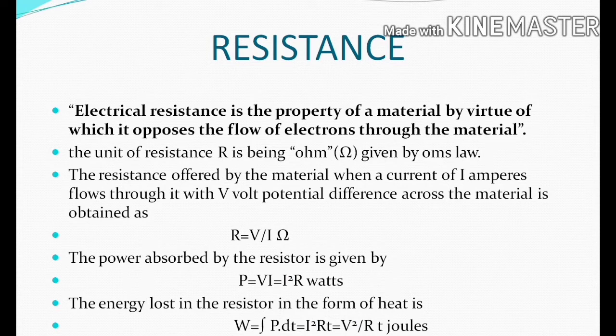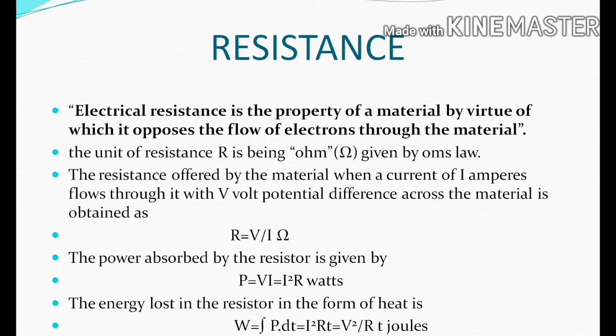We can define the resistance in terms of Ohm's law: R is given by V by I. The power absorbed by the resistor is P equals V into I, which can also be written as I square R watts.